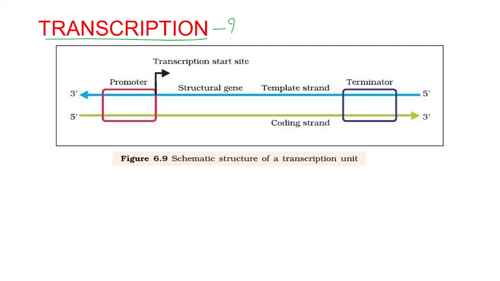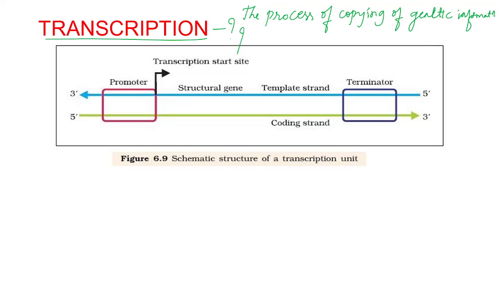Do remember, transcription is nothing but the process of copying of genetic information from one strand of DNA as a template into mRNA. The process of copying genetic information from one strand of the DNA template into what? RNA. So, this particular process is called transcription.